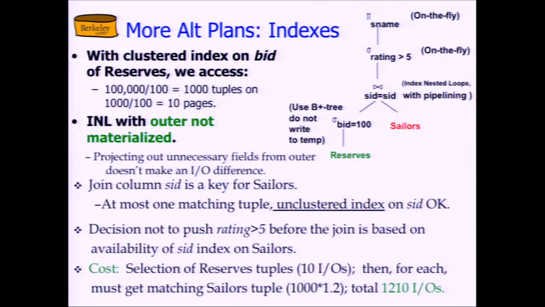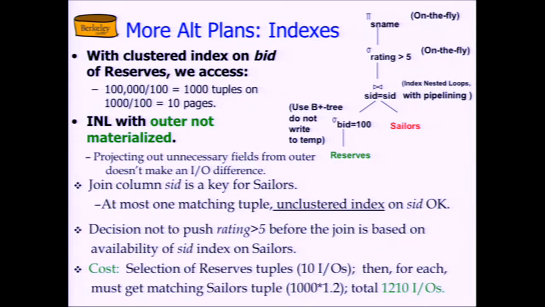All right, what about with indexes? Well, we've got to think about whether they're clustered or not, right? Because this is going to affect the number of IOs we do. If we have a clustered index on the boat ID of reserves, in the example on the right, where reserves is the outer relation, we will access to get all of the boats with ID 100, of which there are a bunch of them.